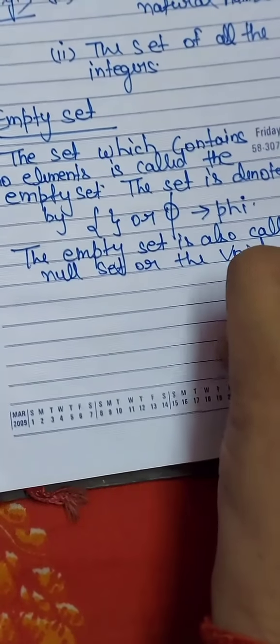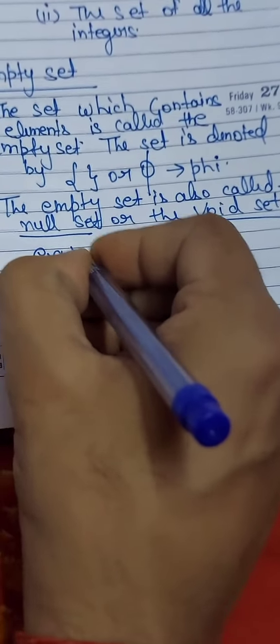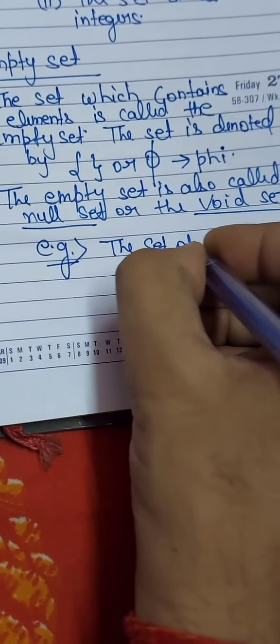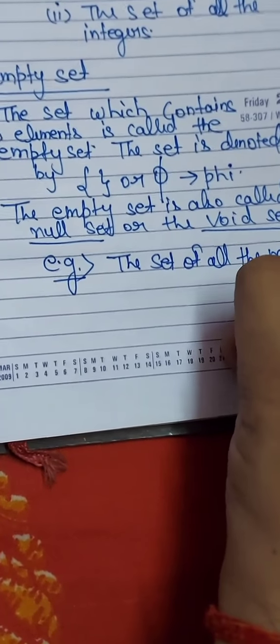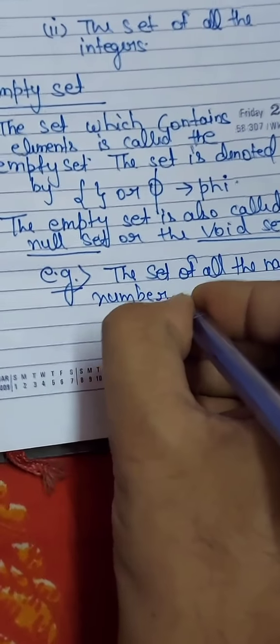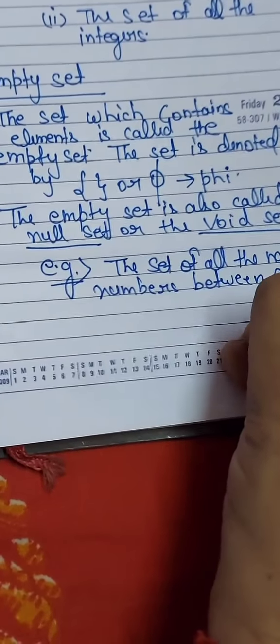There are two other names for the empty set, the null set or the void set. Now, can you give any example of the empty set? Suppose you have the set of all the natural numbers between 2 and 3.